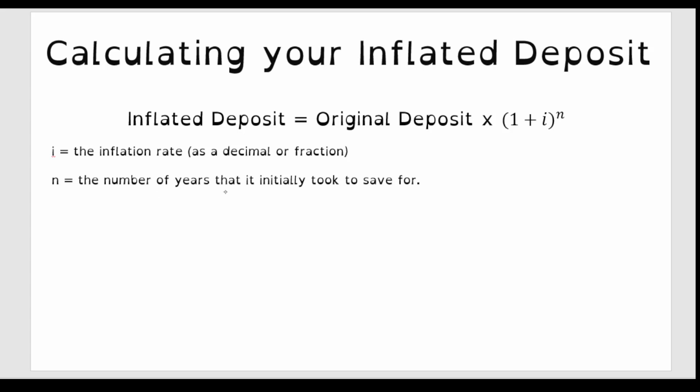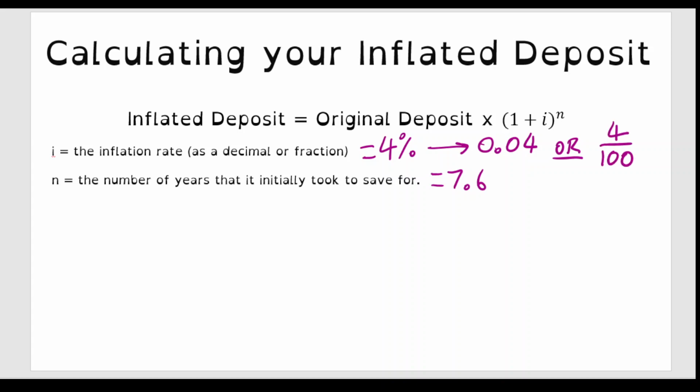We also need to think about the number of years that we took to save for, which was 7.6. The inflation rate that I'm going to use is 4%. As I said, it has to be a decimal or a fraction, so that is either going to be 0.04 or 4 over 100. Both of those will give you the same result, but don't just use 4. That will make it a massive number.